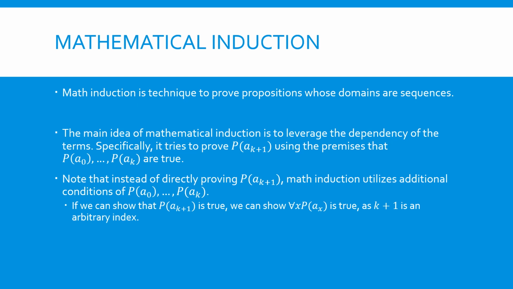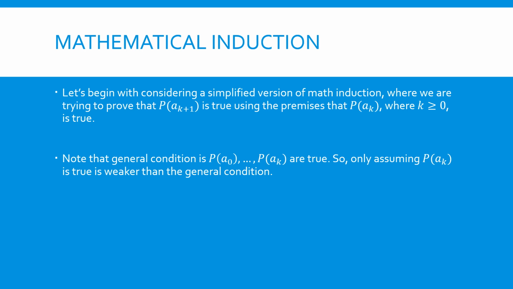We will see the logic behind the technique and derive its key procedures. The major effort of math induction is to prove P(a_{k+1}) is true when P(a_0) all the way through P(a_k) are true, where k is larger than or equal to 0.